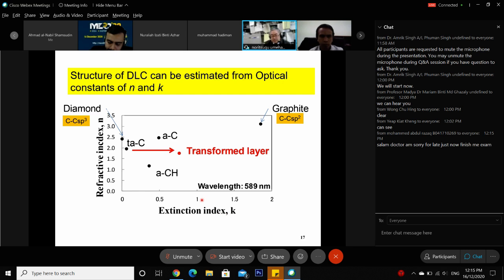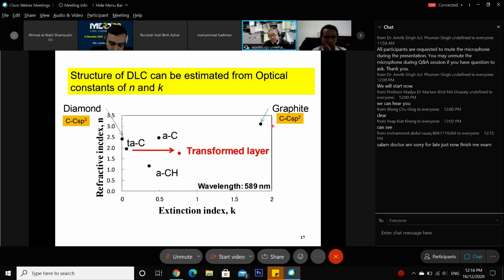So this is one example for carbon material. In the case of carbon material, from diamond to graphite, the diamond structure is sp3 carbon and the graphite structure is sp2 carbon. In the case of diamond, the extinction index k value is almost zero, quite transparent. But for graphite, this value is quite large, so graphite is very black.